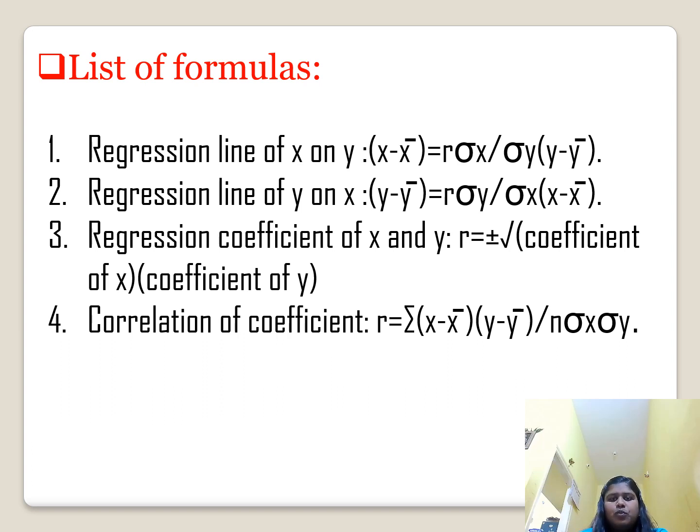Regression coefficient is equal to plus or minus the square root of the product of the coefficient of x and the coefficient of y. Correlation coefficient r is equal to summation of x minus x bar into y minus y bar divided by n into sigma x into sigma y.